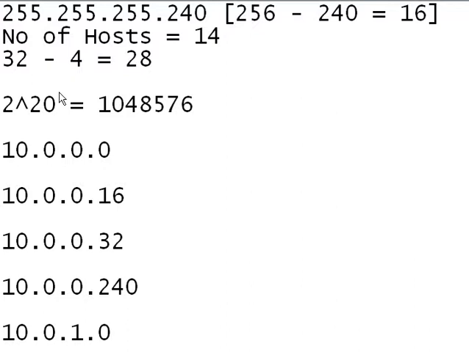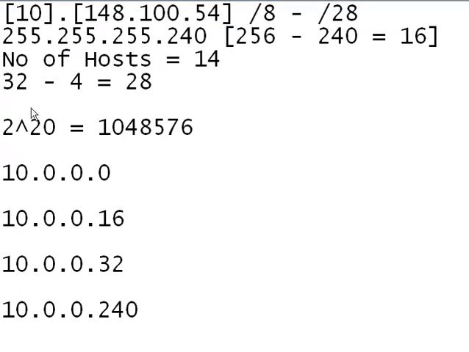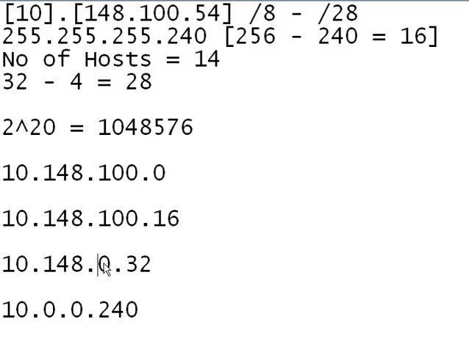So let's go very near to this network, that is this particular series. 10.148.100.0, then 10.148.100.16, 10.148.100.32. Now after 100.32 it will be 100.48.